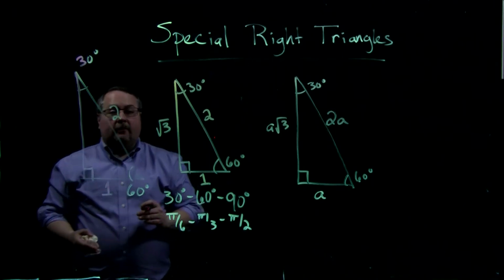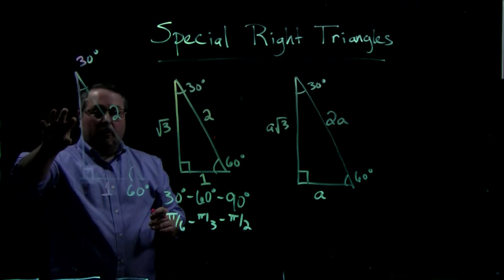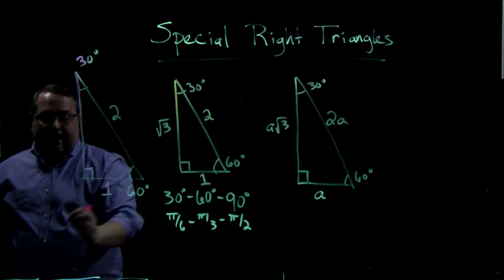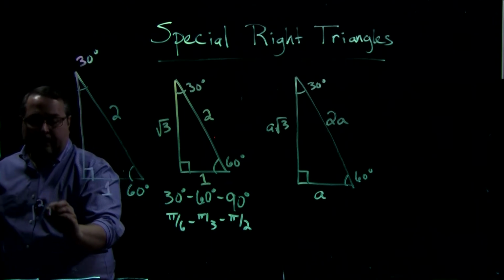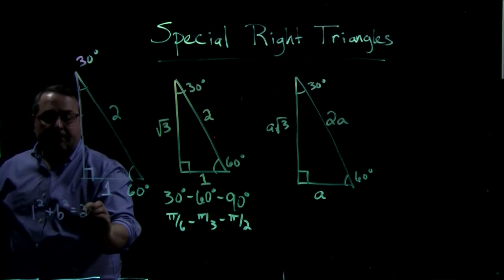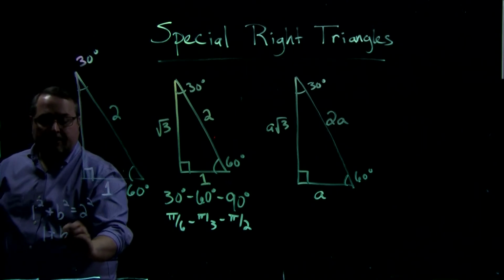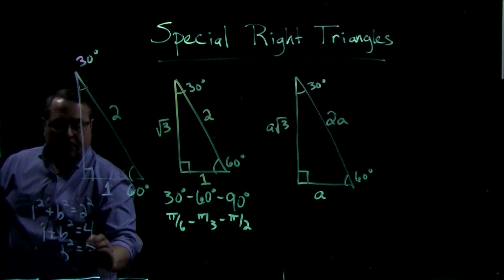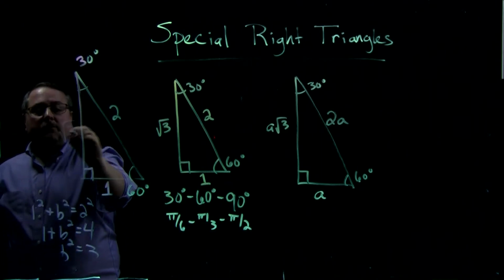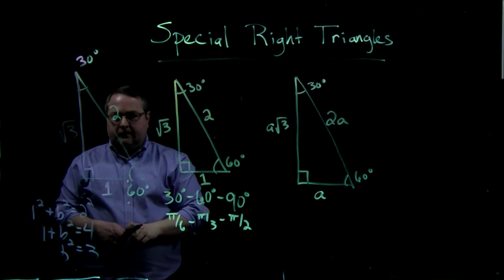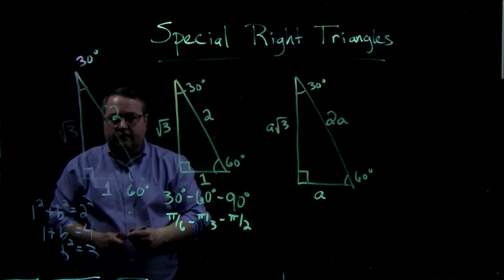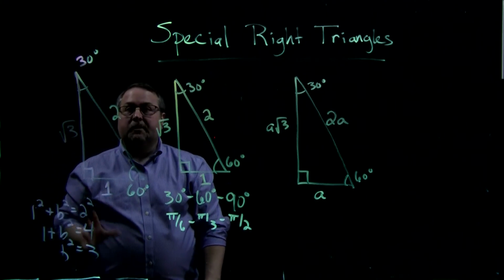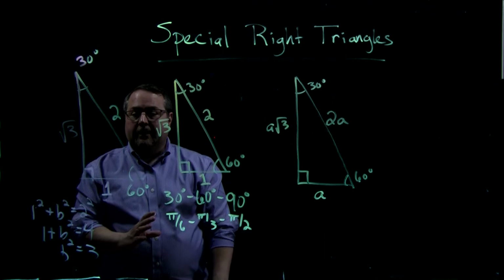And now if we use the Pythagorean theorem, and now we're going to be solving for a missing leg instead of a missing hypotenuse like we did in the last case, we're going to have 1 squared plus b squared is 2 squared, or 1 plus b squared equals 4. So b squared is equal to 3, and b is equal to the square root of 3. So that is how we get the relationships between the sides in both of our special right triangles.